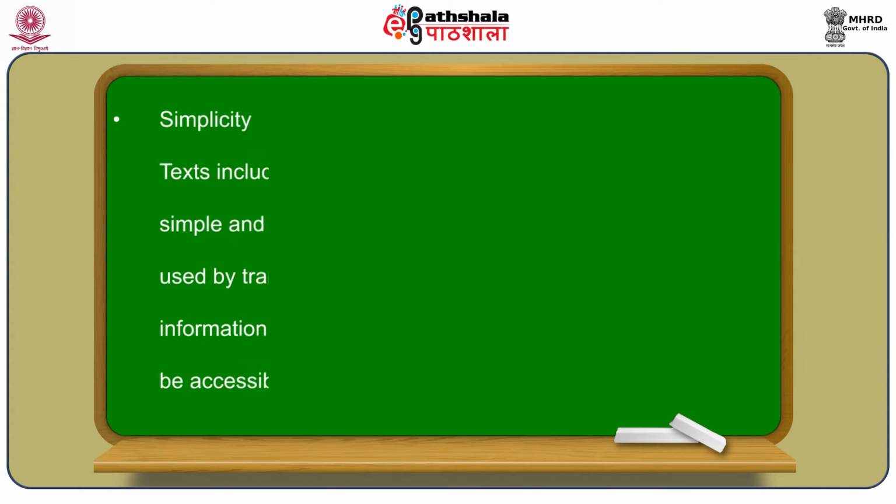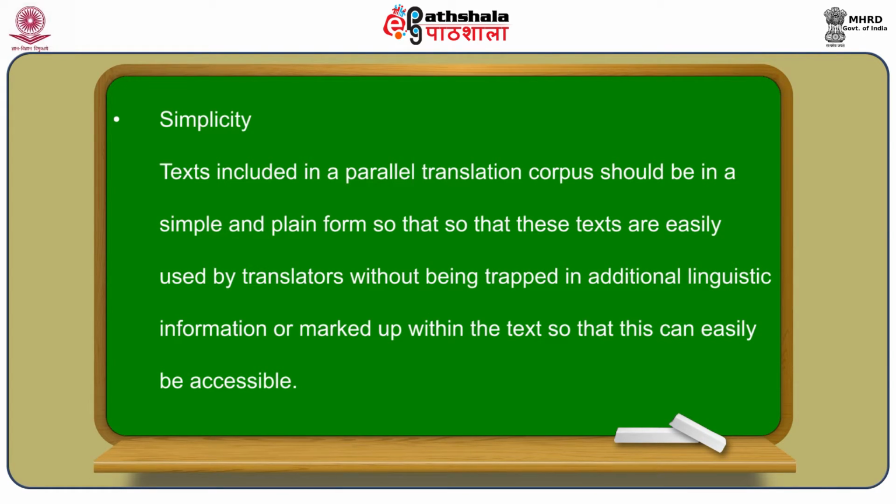Next issue is simplicity. Texts included in a parallel translation corpus should be in simple and plain form so that these texts are easily used by translators without being trapped in additional linguistic information or markup within the texts, so that this can be easily accessible by them.